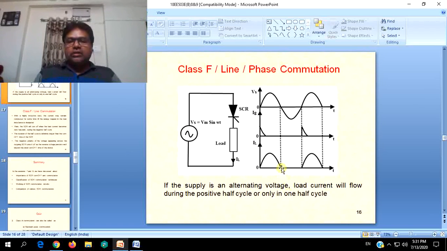If we want the load current to flow in the other half also, then it will be full wave rectification, where you have to employ two SCRs, may it be in a center tapped transformer configuration or a bridge configuration. Those things will be discussed in other sessions. So this is natural commutation, or AC commutation, or line or phase commutation, which is the simplest of all.